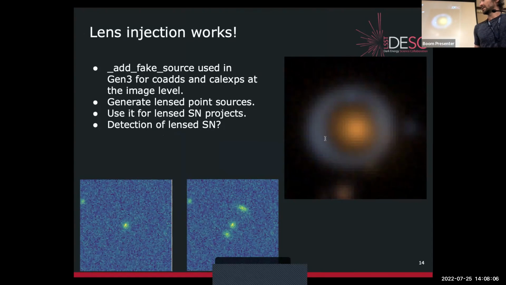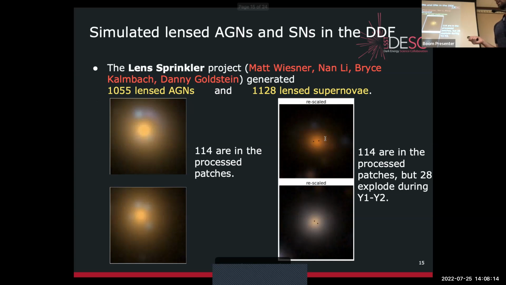This is not the only kind of data sets that we can use in Rubin and in DC2 in what's been simulated so far. So the Lens Sprinkler project, led by Matt Weissner, Nanny Bryce-Lambach, and Danny Goldstein, has generated strongly lensed transients, actually, for the deep drilling fields, for the DDF.